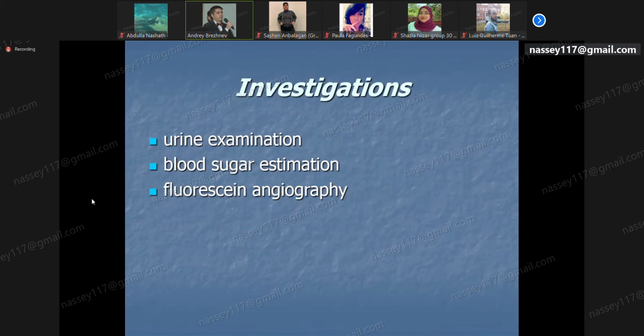What are the tests for examination of the patient with diabetic retinopathy? Of course, we should check the severity of the diabetes by urine examination and blood sugar estimation, and additionally use fluorescein angiography, optical coherence tomography, and ultrasound examination to find or exclude areas of neovascularization, leakage, and capillary non-perfusion.